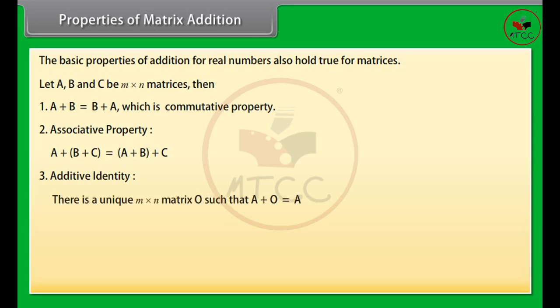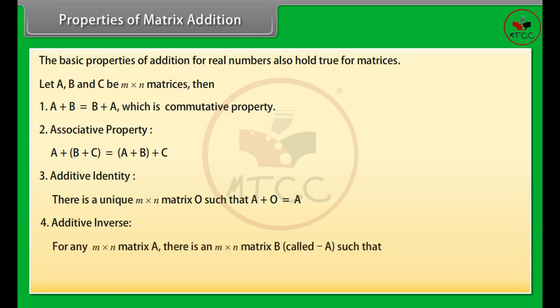There is a unique m by n matrix O such that A plus O is equal to A. Additive inverse. For any m by n matrix A, there is an m by n matrix B called minus A such that A plus B is equal to O.